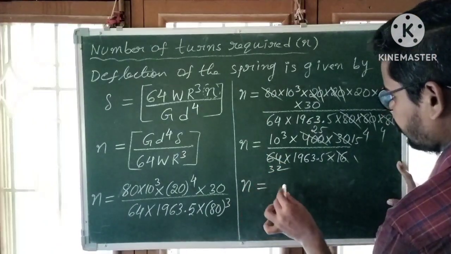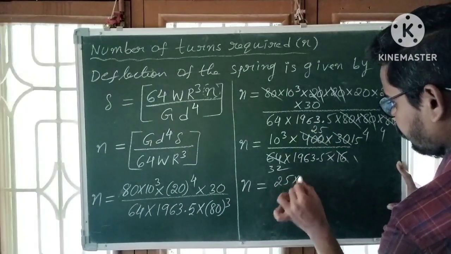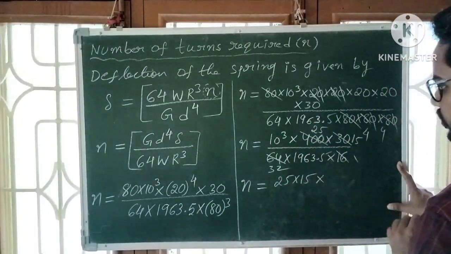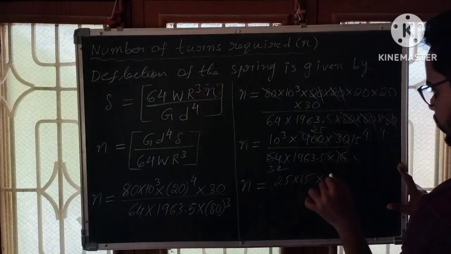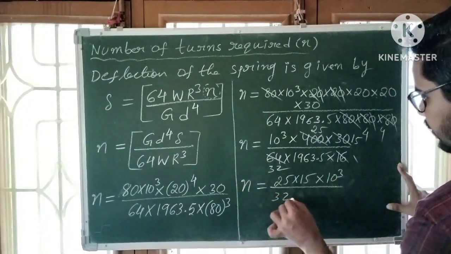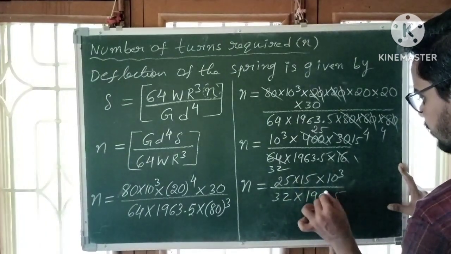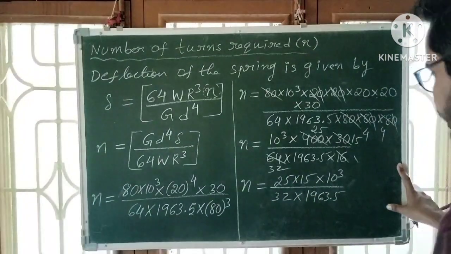Now n is equal to 25 into 15 into 10 cube, whole divided by 32 into 1963.5.